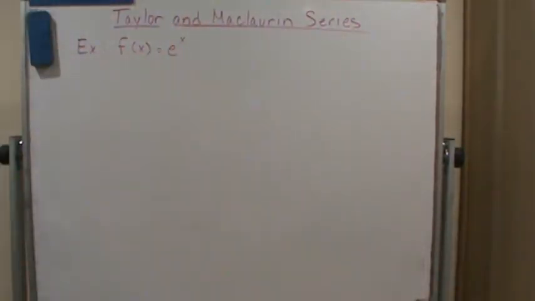Okay, so let's start. Now remember, a Maclaurin series is a Taylor series that is centered at 0, where x equals a.